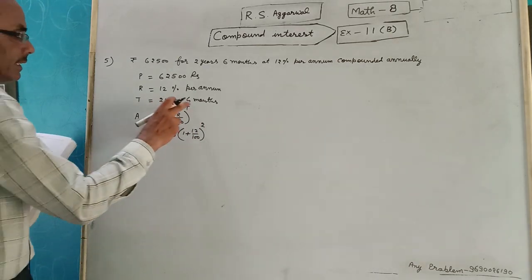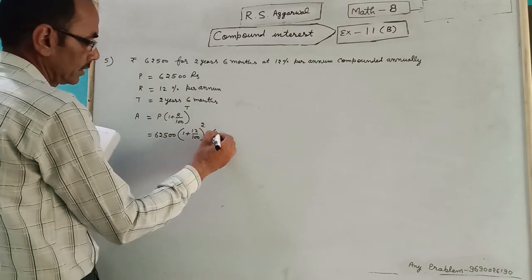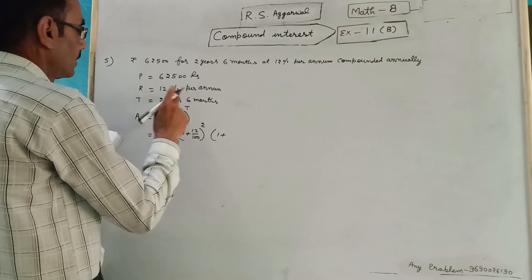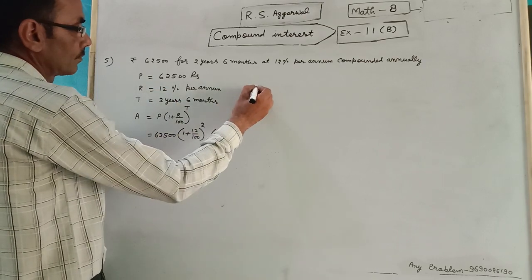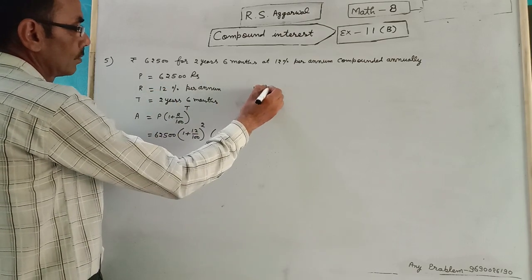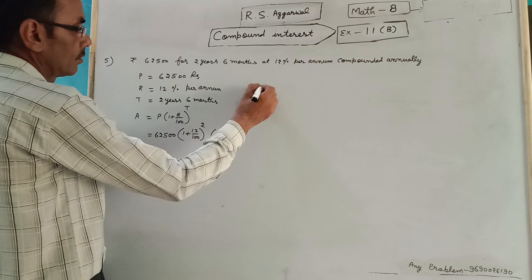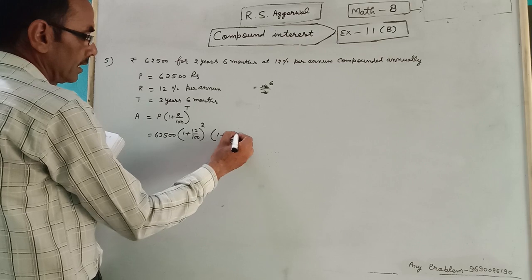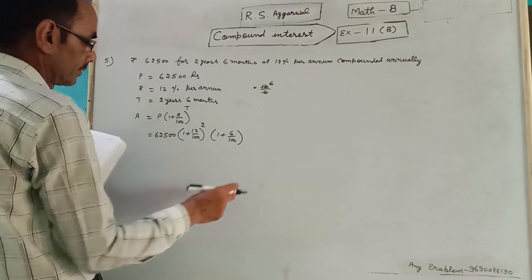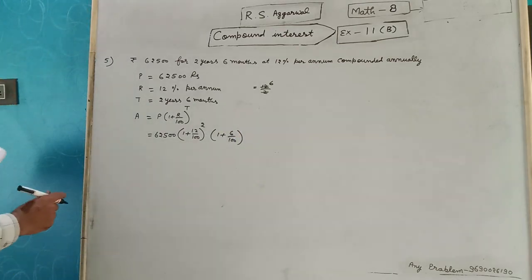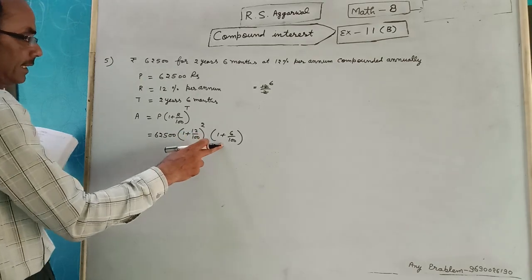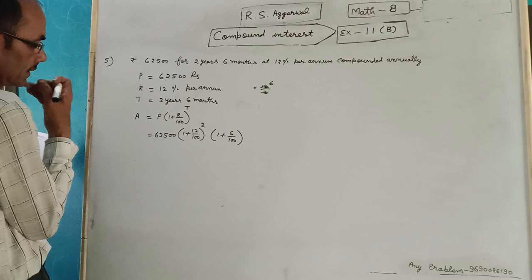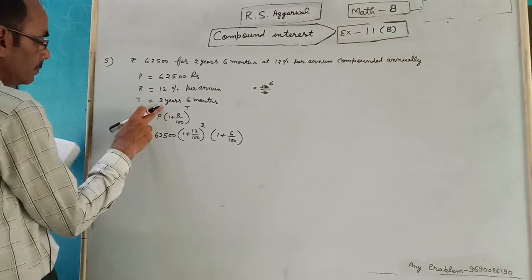Rest is 6 months. For 6 months, 1 plus R divided by 2. 12 divided by 2 is 6, R will be 6 upon 100. That bracket is for 6 months and that bracket is for 2 years.